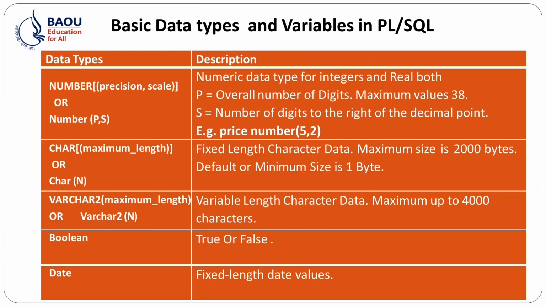The true and false values are stored in a Boolean variable. Now the date data type. We use the date data type to store fixed length date values. The date data type takes no parameters. The maximum size of a date variable is 8.